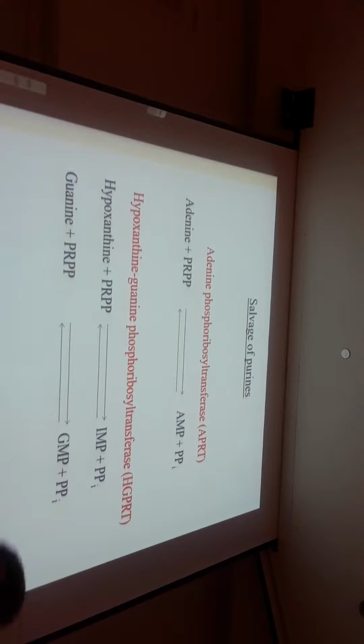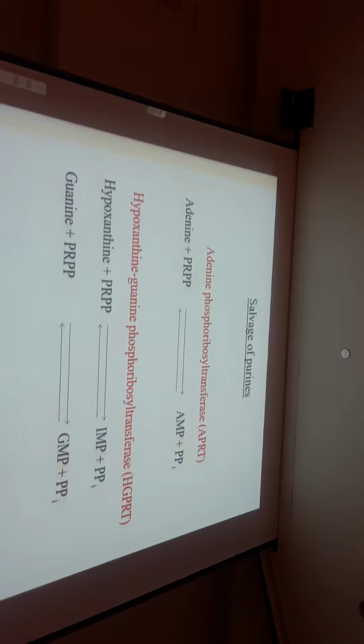And I think the term salvage pathway is not really describing what is happening here, because we're just talking about relatively simple and straightforward enzymatic reactions that link appropriate purine nitrogenous bases, namely adenine, hypoxanthine, or guanine, to a phosphorylated ribose.